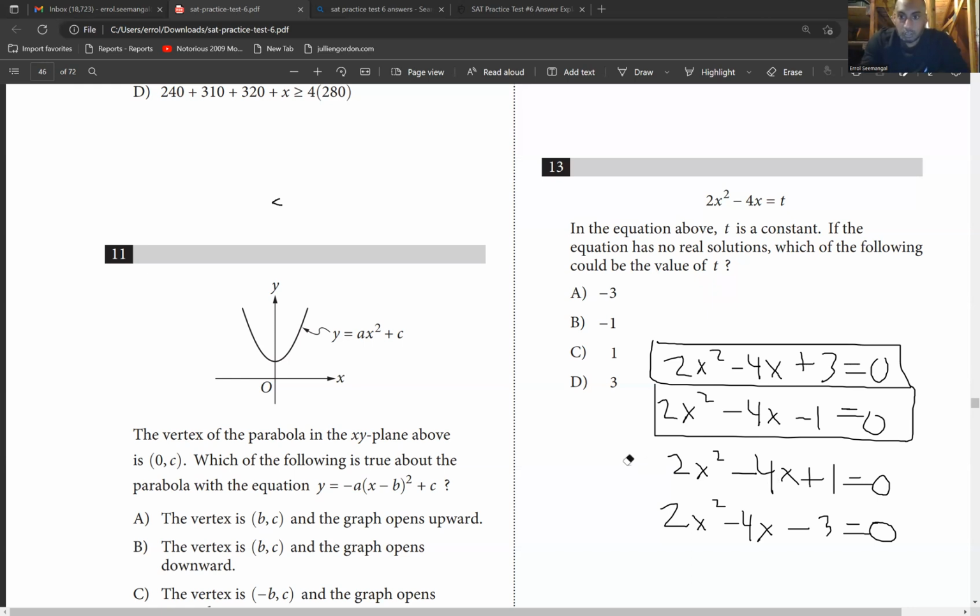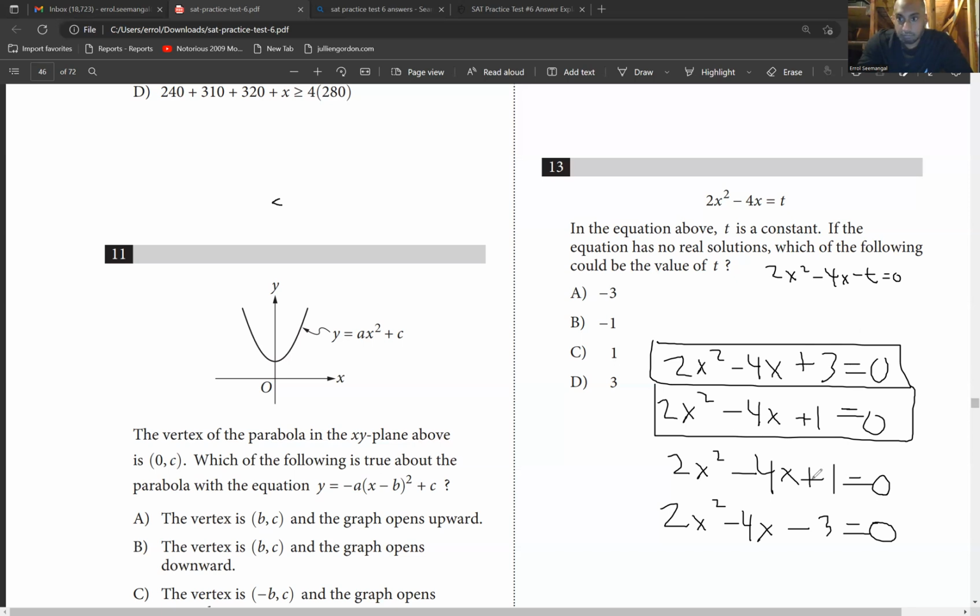If we have the 1 right here, this should be -1. No, I messed up something. 2x squared minus 4x minus t is 0. First one should be +3. Second one should be +1.